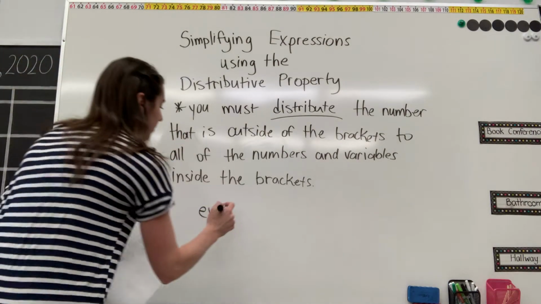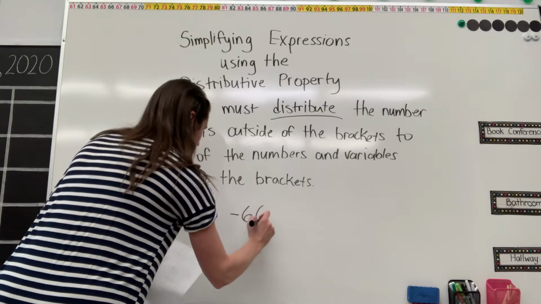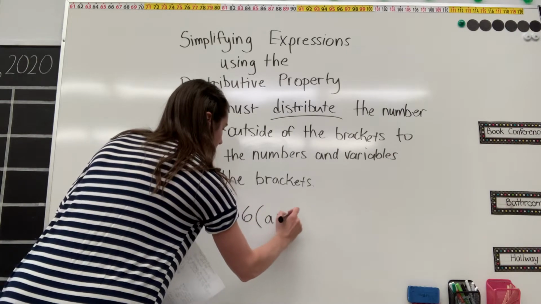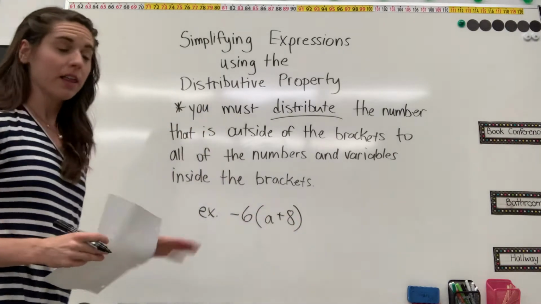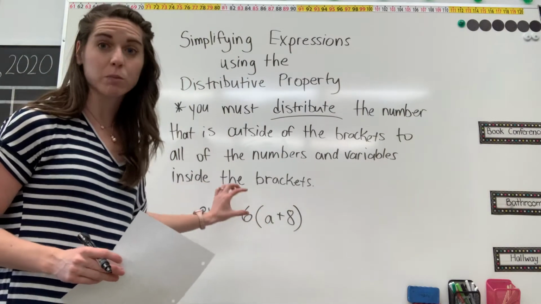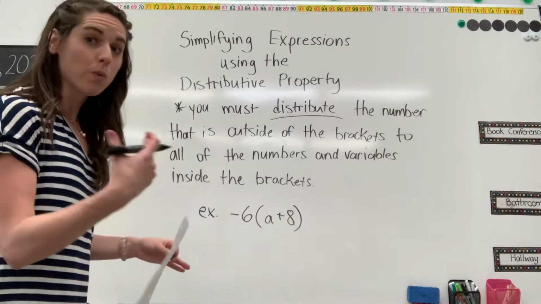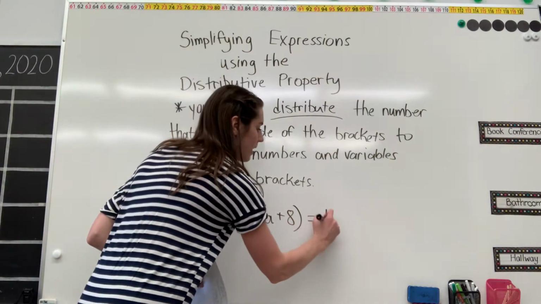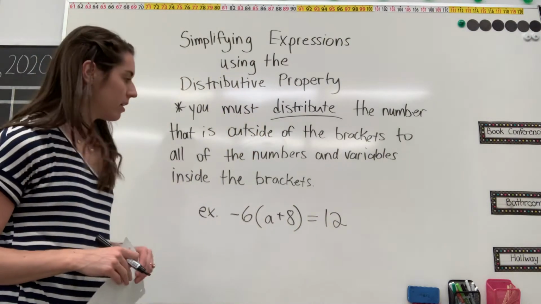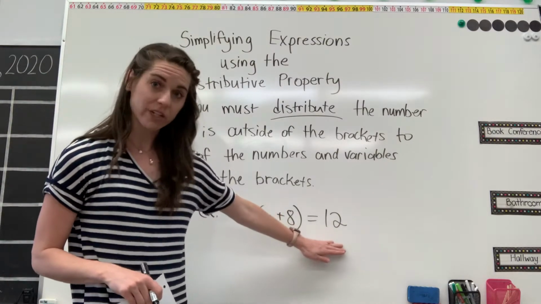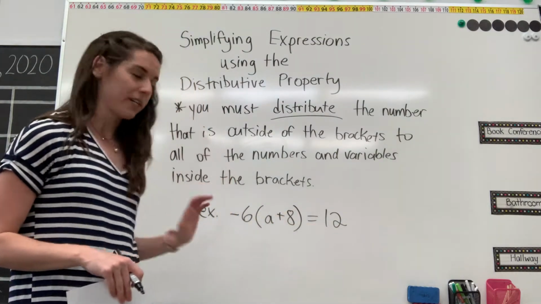So example. First of all, this is an expression. Okay, it does not have an equal sign. If I were to add an equal sign, say equals 12, well, now this is an equation, okay? So that's the difference.